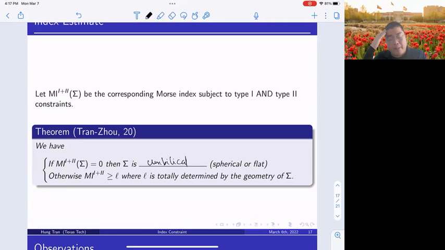So this theorem can be useful in the theory of capillary surfaces as follows. We can consider some concrete capillary surface, and then the geometry of this surface is determined.